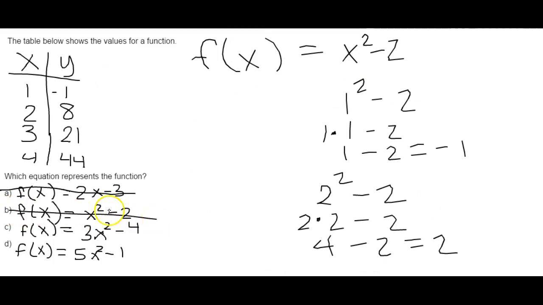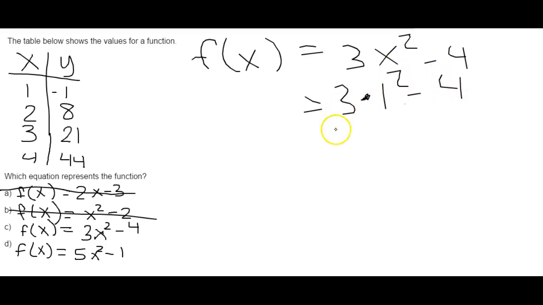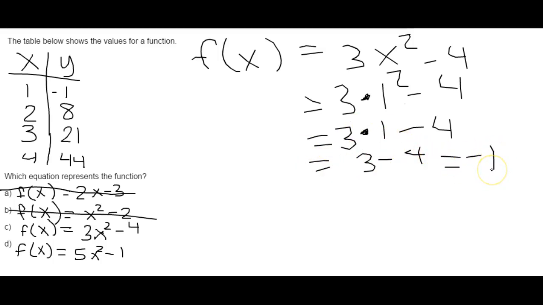Let's try C. So C states 3x squared minus 4. So we're going to plug in 1 first. 3 times 1 squared minus 4. 1 squared meant 1 times 1, and 1 times 1 is 1. 3 multiplied by 1 is 3, and 3 minus 4 is negative 1. So again, it worked for the first one.